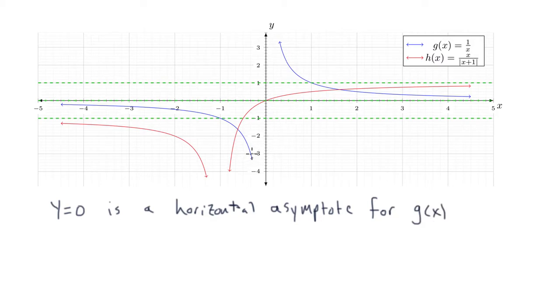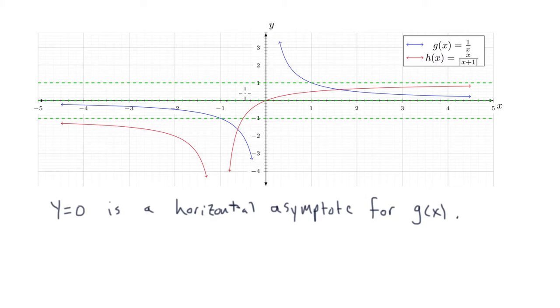And that's because if you look, as x goes to minus infinity, so it gets further and further away from 0 to the left, this function is leveling off to the line y equals 0. And the same thing happens as x goes to infinity. So as x gets bigger and bigger, further away from 0, to the right, we're also leveling out to 0.